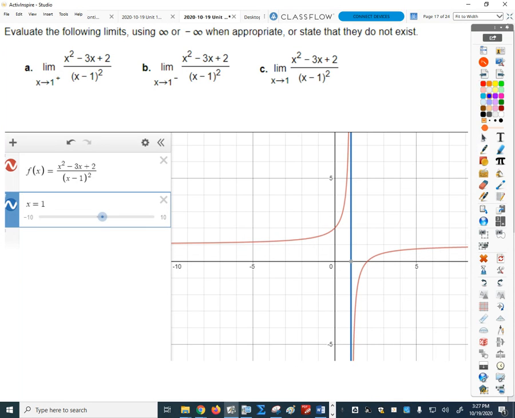So from the right, we said negative infinity. From the left, positive infinity. And neither for our two-sided limit.